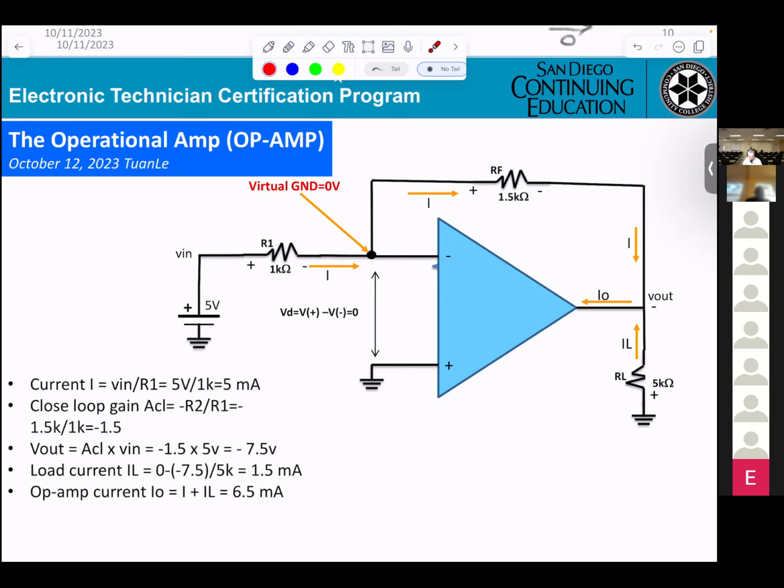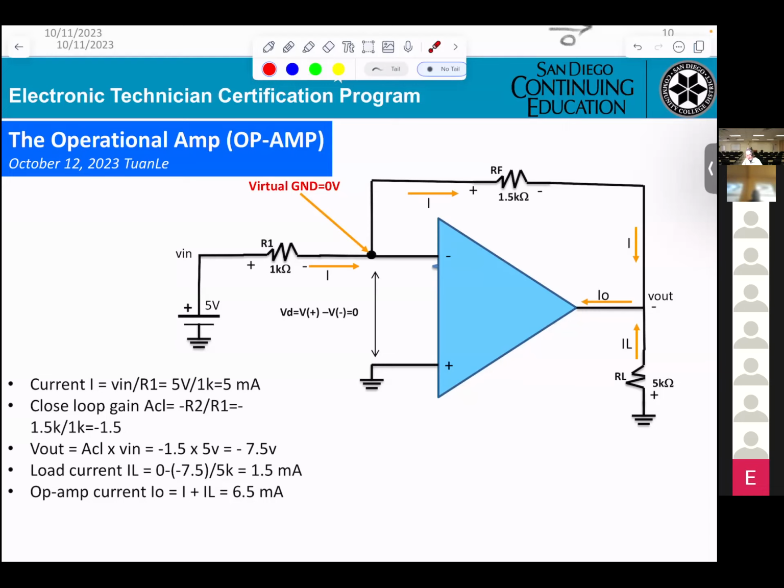Okay, to summarize. When you're looking into op-amp circuitry, you must recognize this is the inverting amplifier. What is the gain? And how do we calculate the current? Current I and the load current. Then for the op-amp current, you add them up.